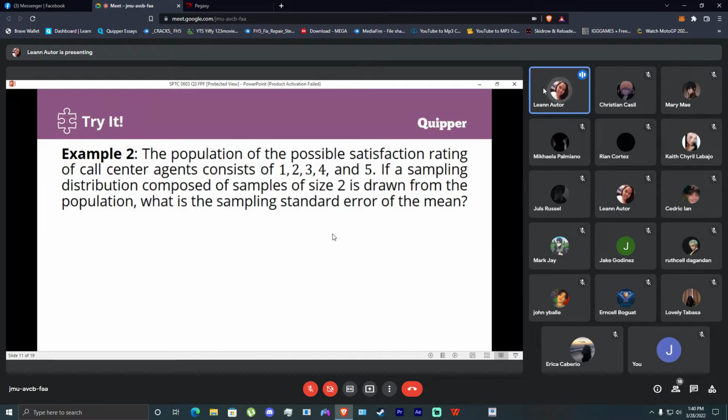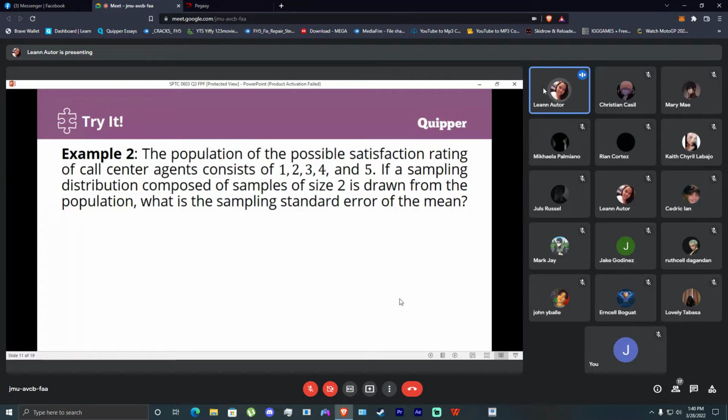So what is the first thing that we're going to do? Everybody, what will we do? We are going to construct a table first. Since the given satisfaction ratings are 1, 2, 3, 4, and 5, we're going to use those.